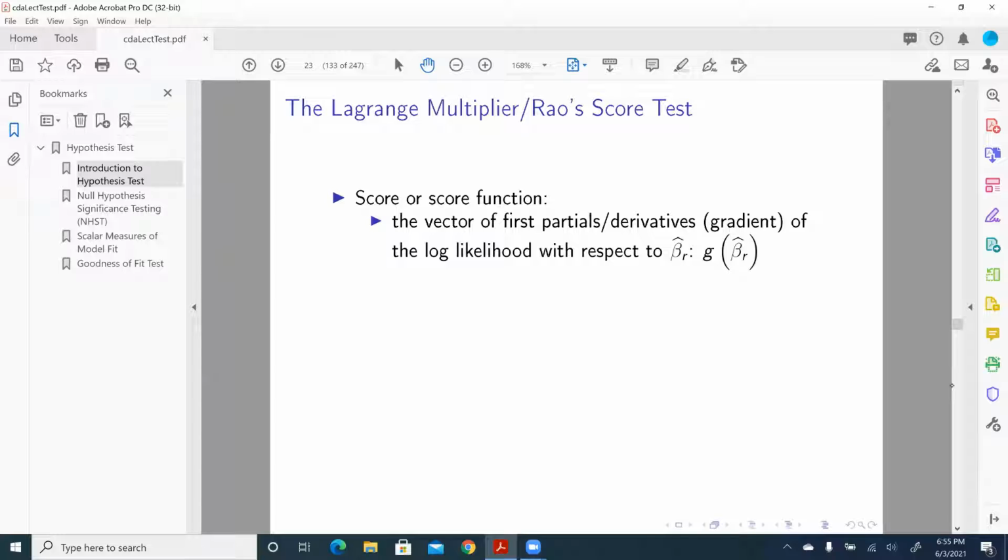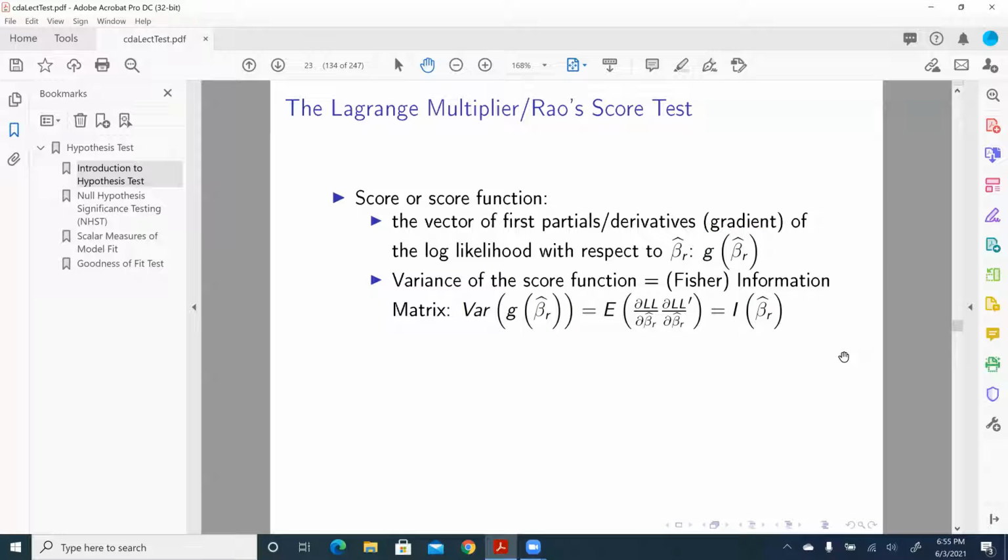What we're going to do is calculate the vector of first partial derivatives, what is called the gradient of the log likelihood with respect to beta restricted hat. That's denoted as G, the gradient at beta restricted hat.